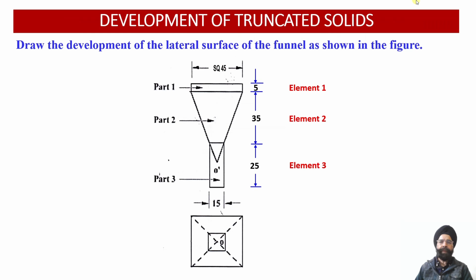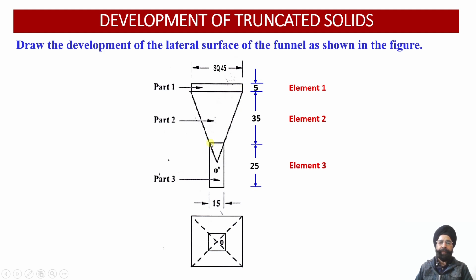Now here we have been provided with the construction of a funnel which comprises three elements. Element number 1 and element number 3 are square prisms having different dimensions. Element number 1 is a square prism having a square base of 45 millimeter and the height of the prism is 5 millimeter.